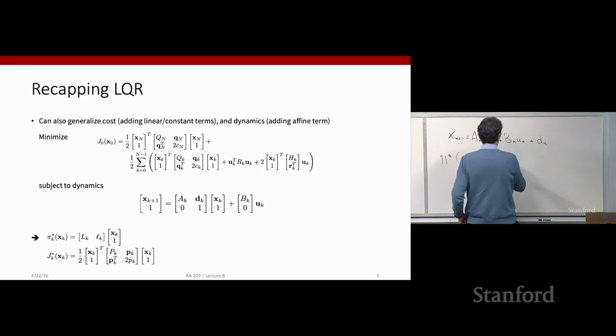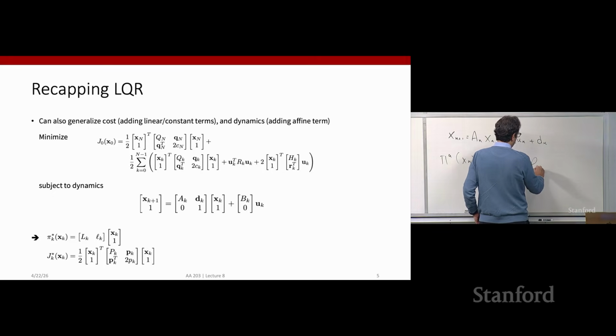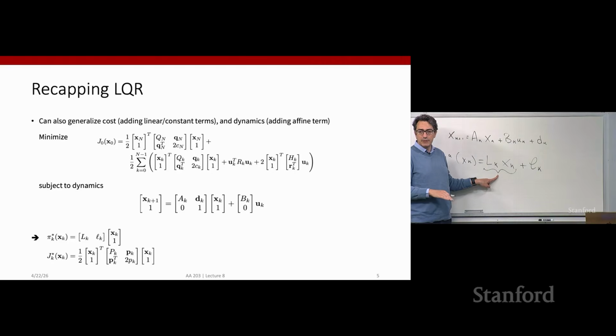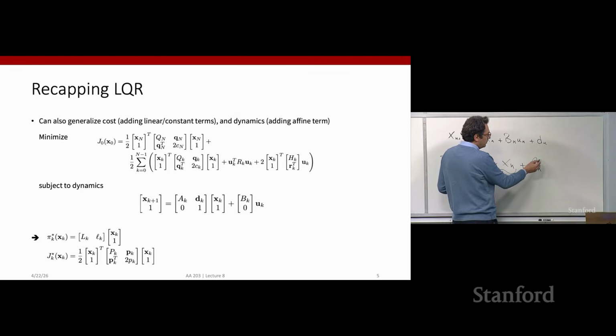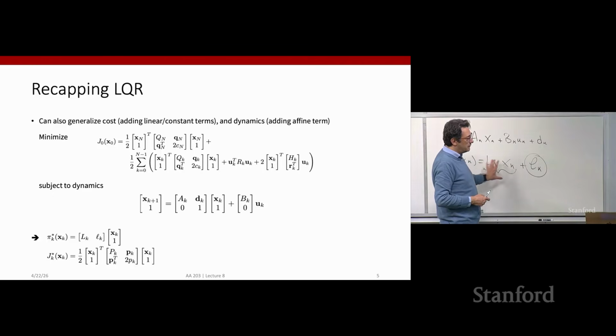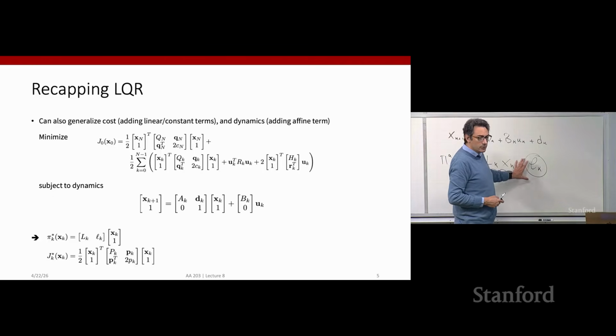LK XK plus lowercase lk. So we have a linear feedback on the state. This is also what we had in the most basic version of LQR. But now we have a feed-forward term, so a constant gain. Actually, there is a very intuitive interpretation of this control law structure. I'll come back to that later.